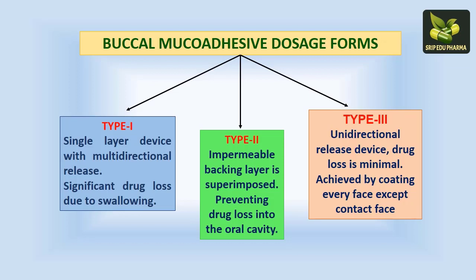Then type 2 is where an impermeable backing layer is superimposed and it prevents drug loss into the oral cavity. Then comes type 3. This is a unidirectional release device, and here the drug loss is very minimal and it is achieved by coating every face except the contact face. Contact face means the face which is in contact with the mucus layer.